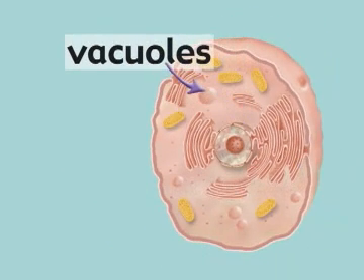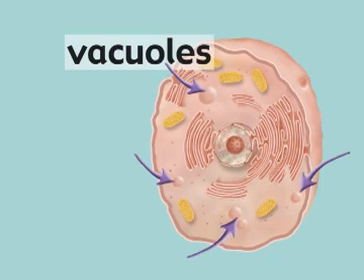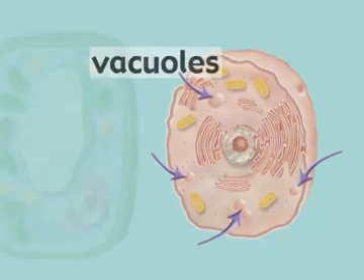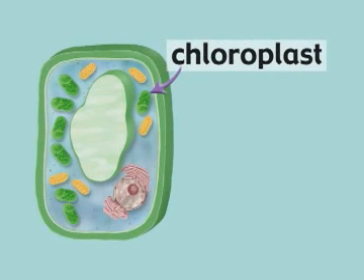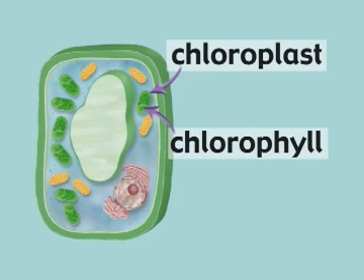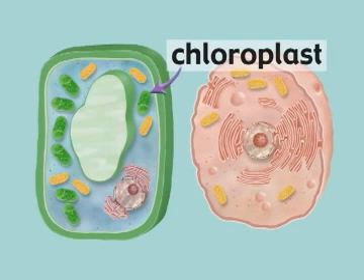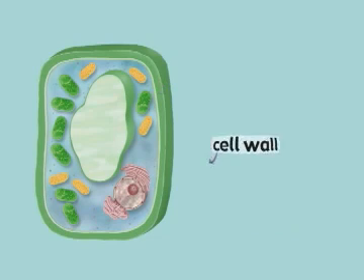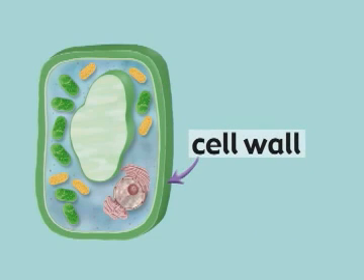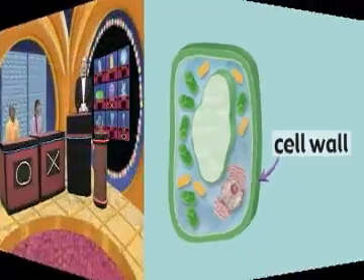The vacuole provides storage for food, water, and wastes. Chloroplasts, found in plants, make up the food factory. They contain chlorophyll and use energy from the sun to make food. Animal cells don't have chloroplasts because they get their energy from food they eat. The cell wall is a rigid layer that supports and protects the plant cell.